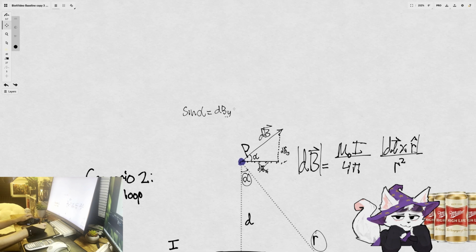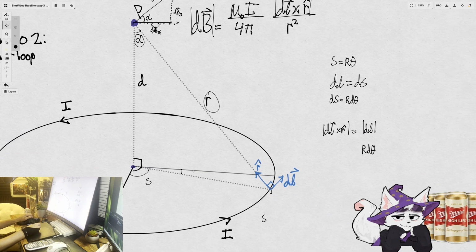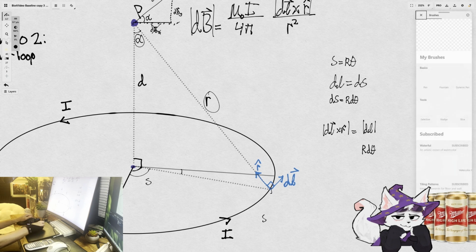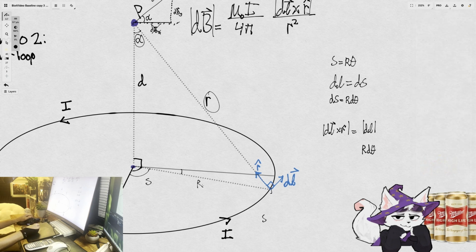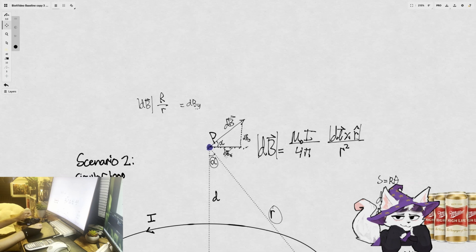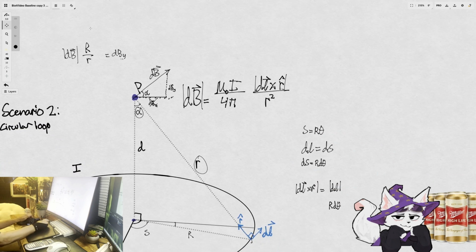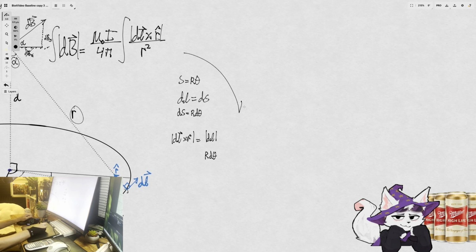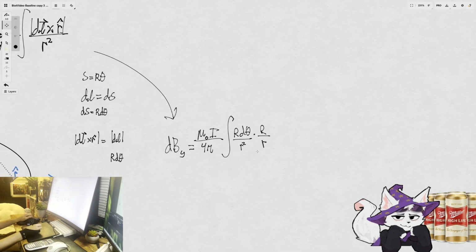To simplify this further, we can express our sine of alpha to be our opposite, which is going to be our big R right here, divided by our little r, our hypotenuse. So this is equivalent to big R over little r. Finally, pulling this all together, let's go ahead and integrate our equation here, and we're left with this. So here's our simplified integral.